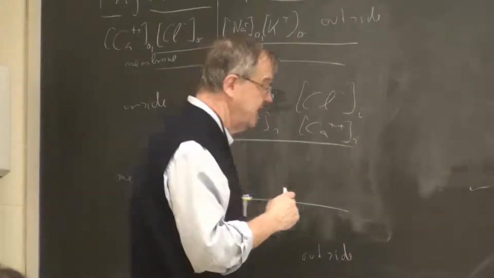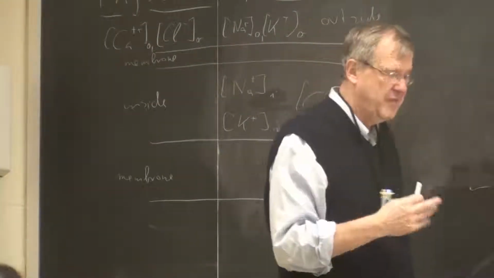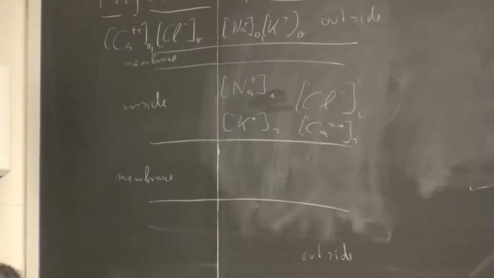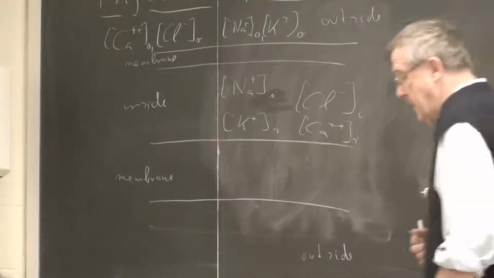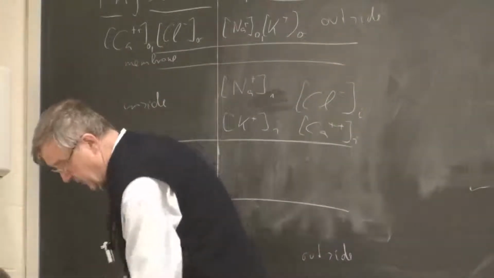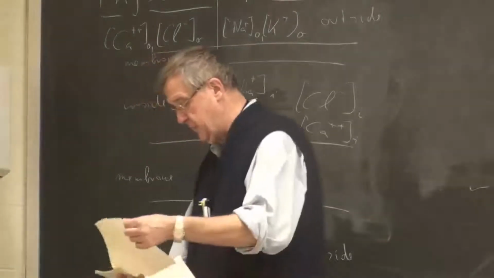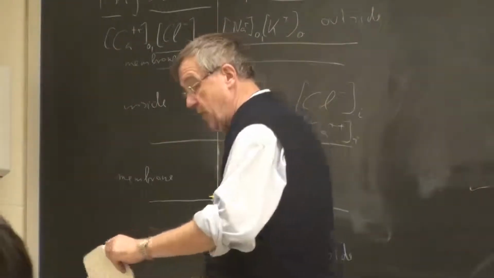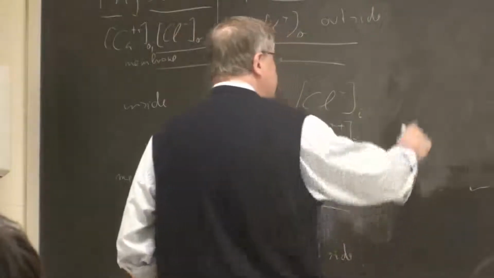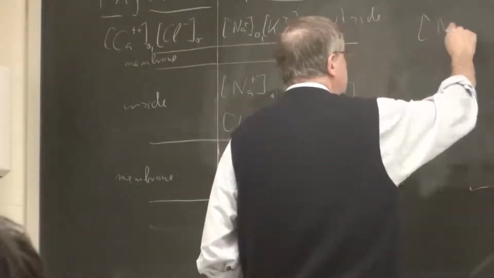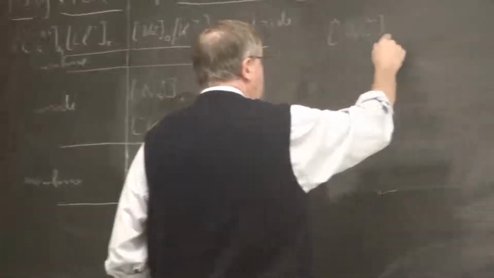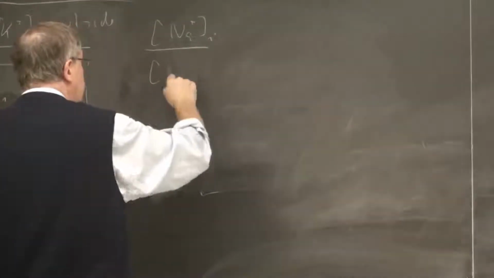Now, important is, however, that we get differences in the concentration of these ions inside and outside. So we have first the ratio of the sodium ions, inside to outside.